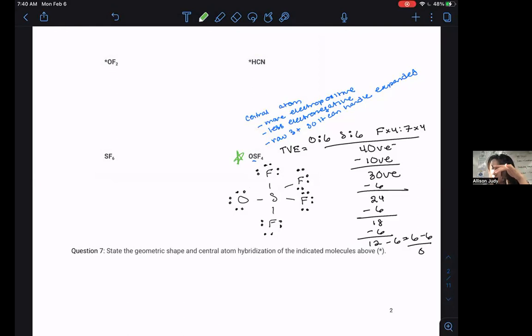Any halogens never engage in multiple bonds where you have a double or a triple. But oxygen is unique because it tends to be an element that likes double bonding.